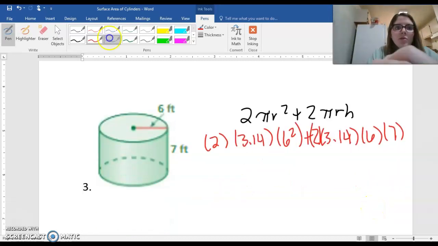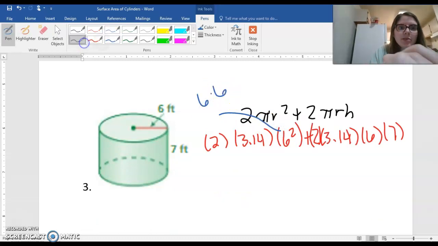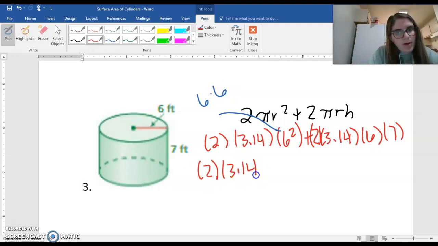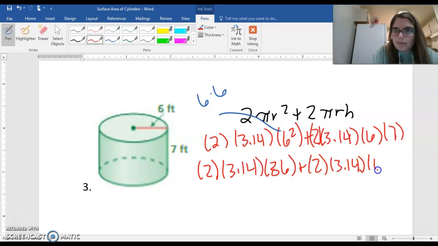Then we need to do 6 times 6, which we know is 36. So we're going to have 2 times 3.14 times 36 plus 2 times 3.14 times 6 times 7.